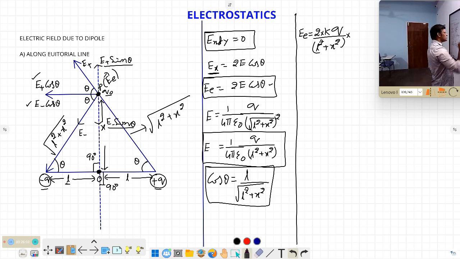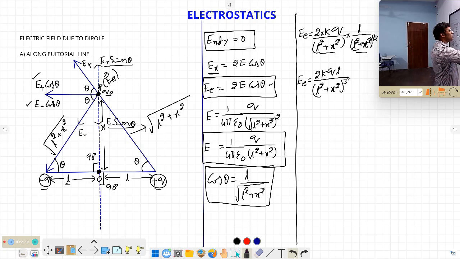Next, cos theta is L by L square plus x square whole power 1 by 2. Root means whole power 1 by 2. The bases are the same, so the powers must be added. So the electric field along the equatorial line is E equal to 2 times k into q into L by L square plus x square whole power 3 by 2.